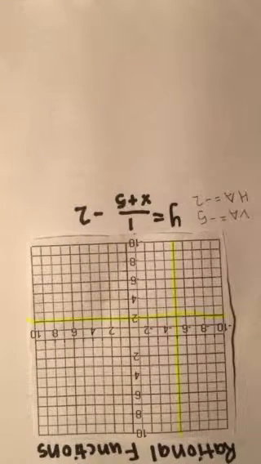Next, you're going to plug x values into your equation to solve for your y values. Remember, when you're graphing these graphs, they should become increasingly close to the asymptotes, but never actually cross them.